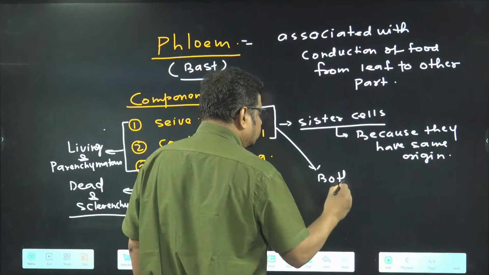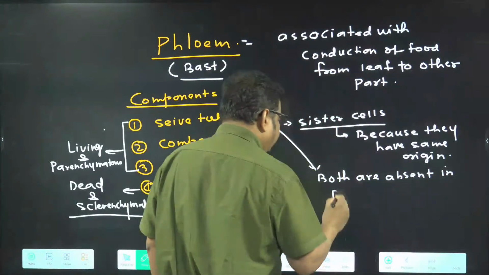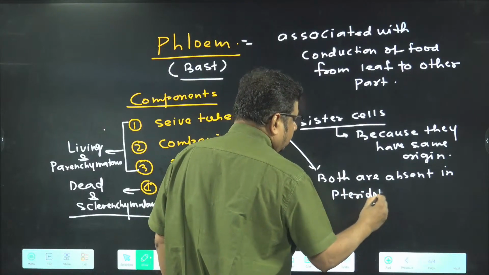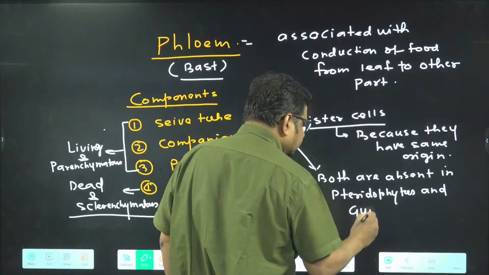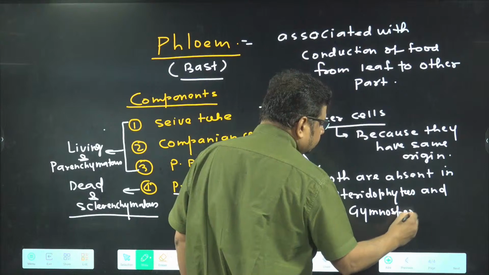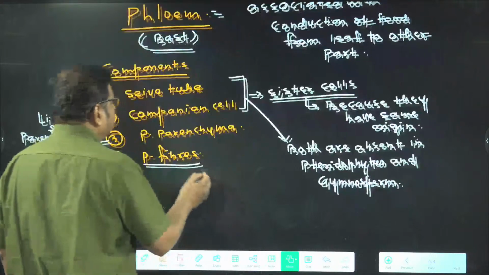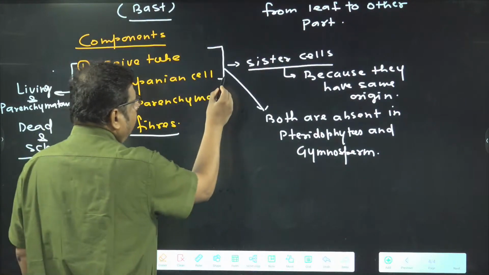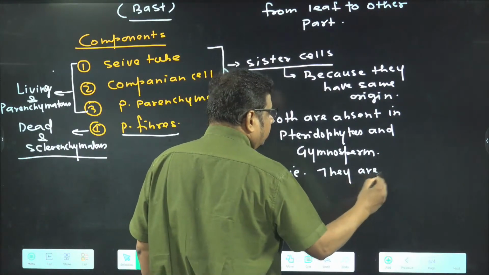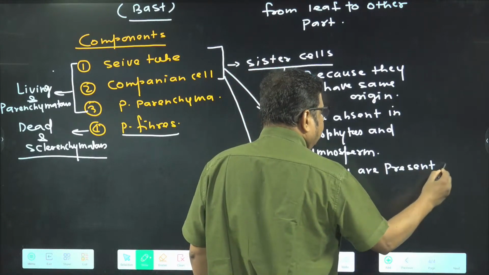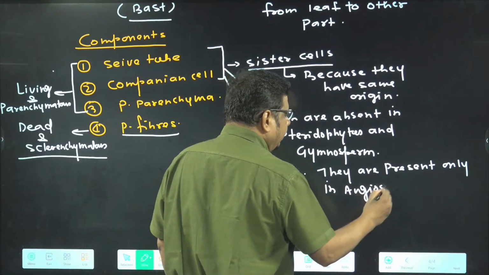Now, sieve tube and companion cell both are absent in pteridophytes and gymnosperms. Means they are present only in angiosperms.